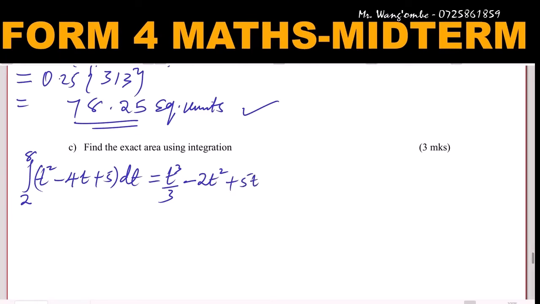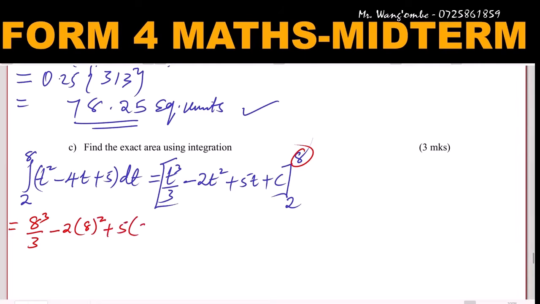Integrate 5, you get 5t plus the constant of integration, from 2 to 8. So from here, you start by substituting 8 for t. So you'll have 8 cubed divided by 3 minus 2 times 8 squared plus 5 times 8. Then you can drop c because it will be subtracted and you get 0.